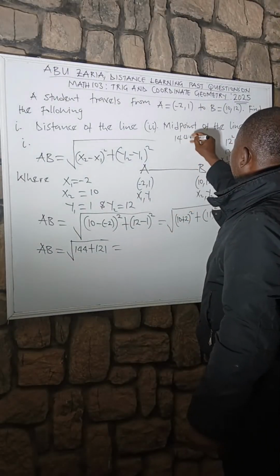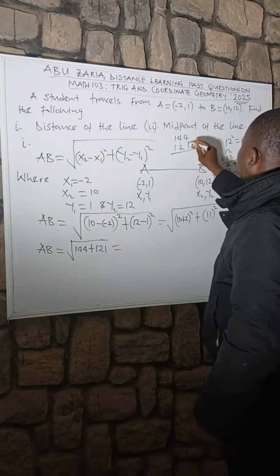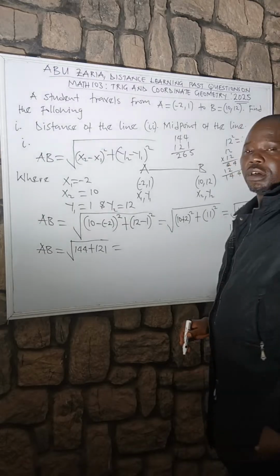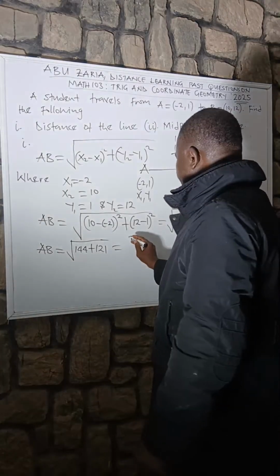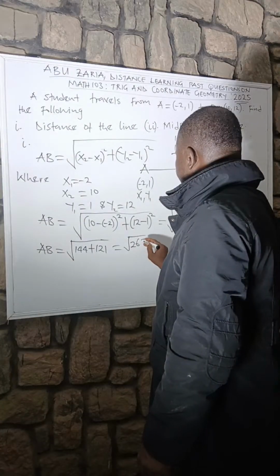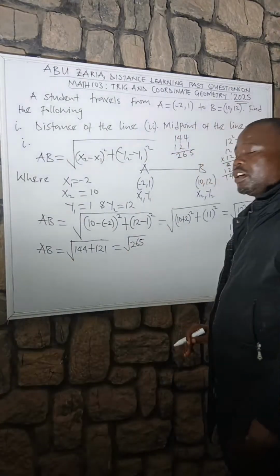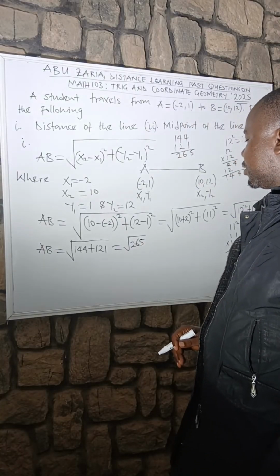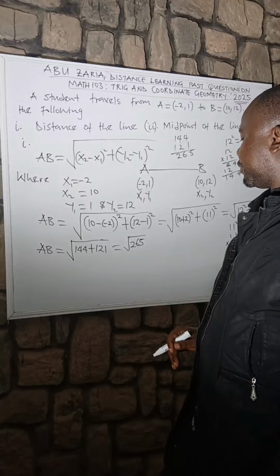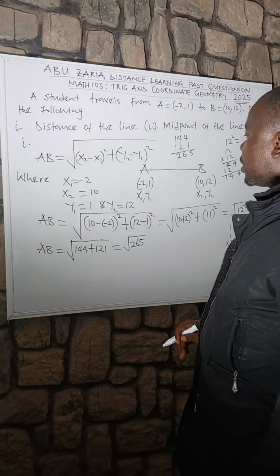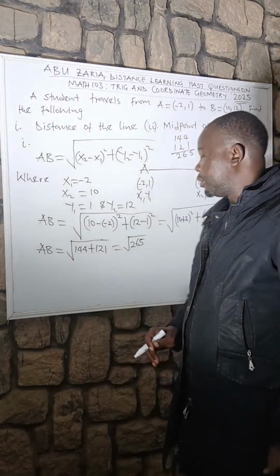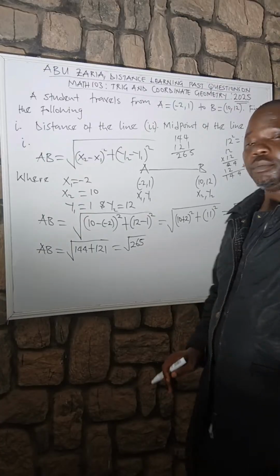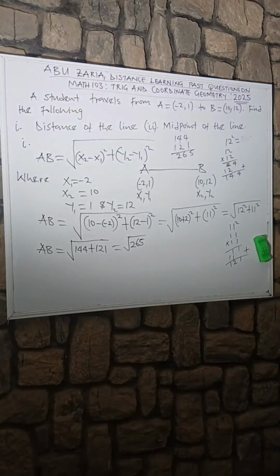If we add them up, we are going to have 265. So what is the square root of 265? Somebody should help us. Let's find the square root of 265. Either you leave it like this or somebody should help us out, if you are there with us.